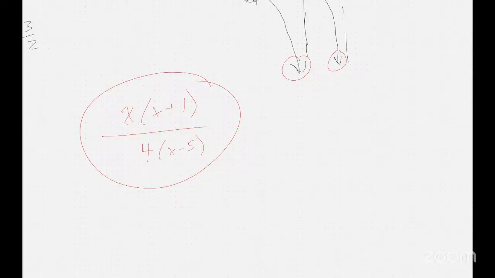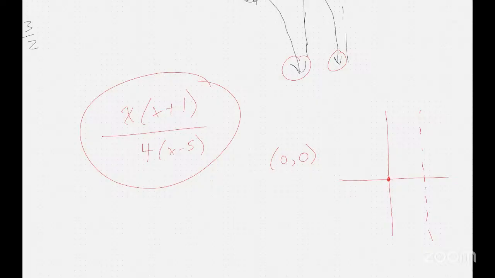So the y-intercept is 0 comma 0. It's one of your x-intercepts too, but it's your y-intercept. For this equation, 0, 0 is one of your points. 5 is your vertical asymptote. This actually has a slant asymptote, not a horizontal.